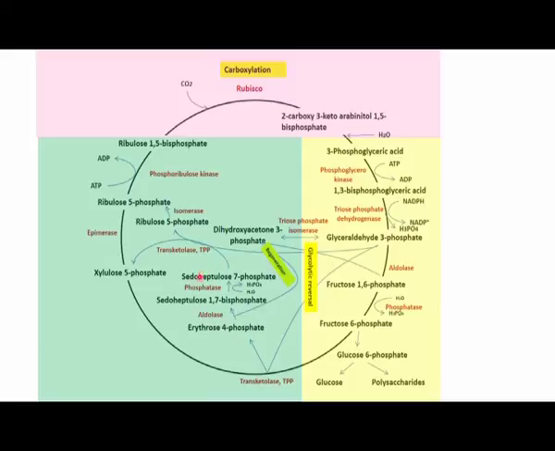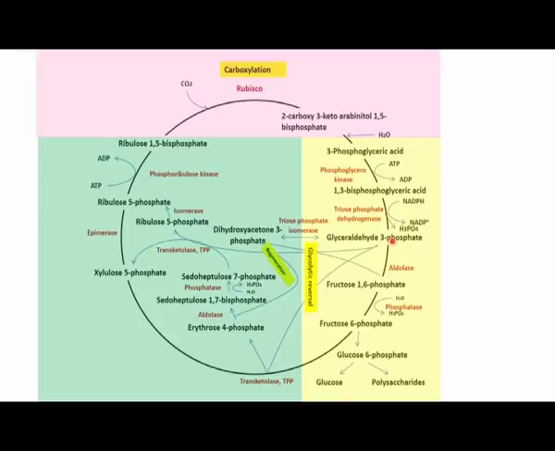So, the sedoheptulose 1,7 bisphosphate, which is formed by the aldolase, then goes through a hydrolysis process, and that generates sedoheptulose 7 phosphate.